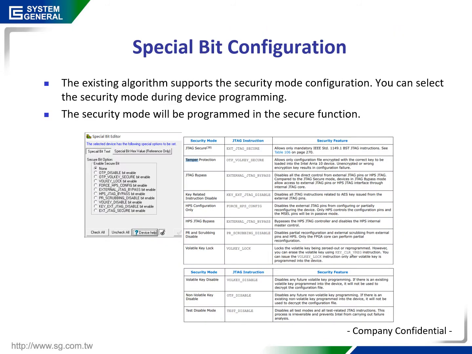In this slide, you can see that the 20 nanometer FPGA devices, besides the design security key, also support the security mode. You can get the security mode description via the reference manual, and you can see there are a lot of security modes in the table.